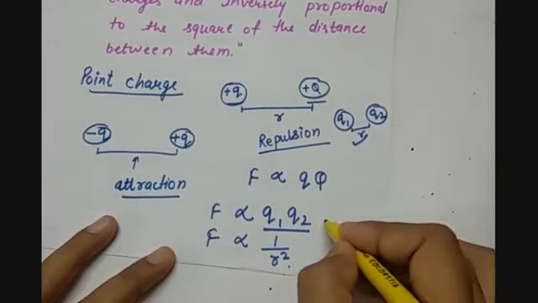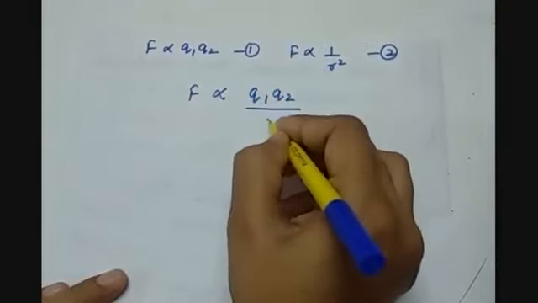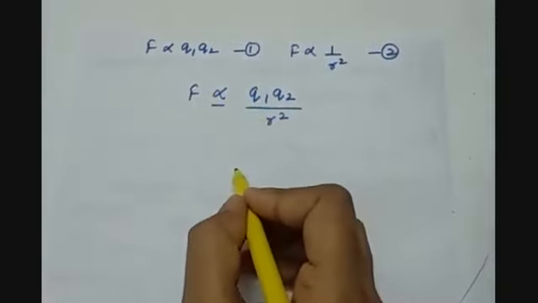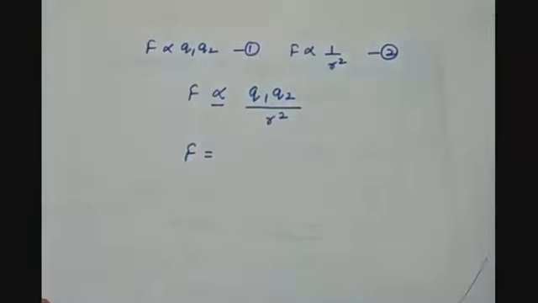So here we have two relations. By combining these two, we can say force is directly proportional to Q1 Q2 by R square. Removing this proportionality, we have a constant K: F equals K Q1 Q2 upon R square.